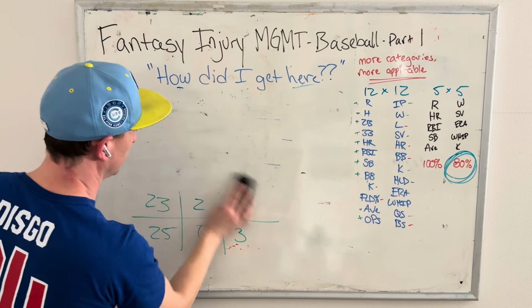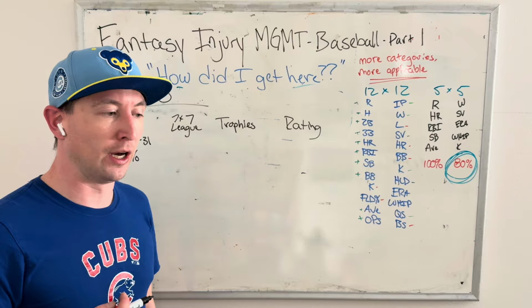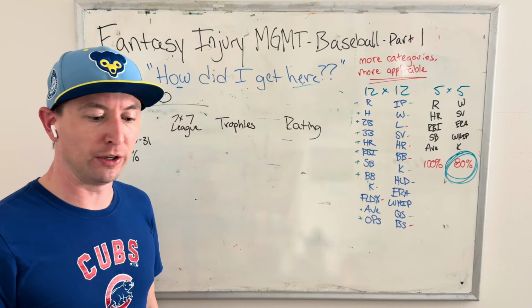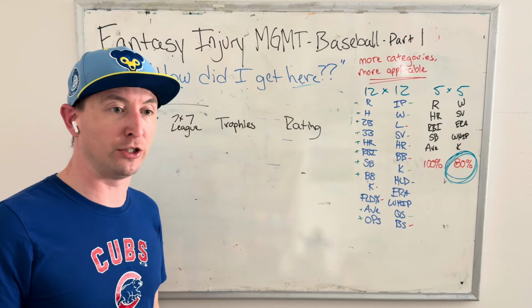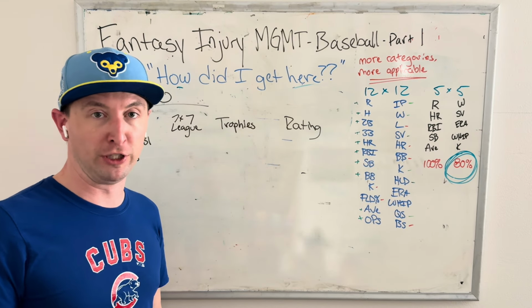Then the 7x7 league, which I joined as a keeper league, and I took over the worst team. The former manager executed a trade the previous year, and it was the first trade to nearly get vetoed in league history.